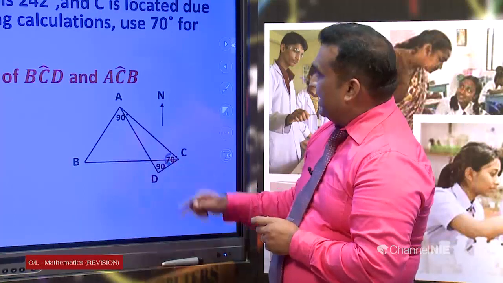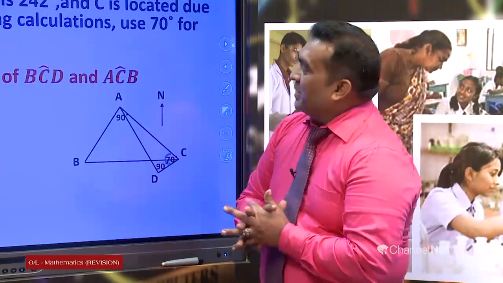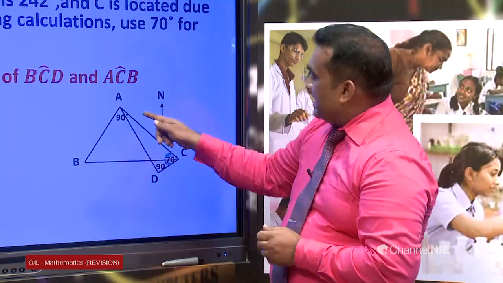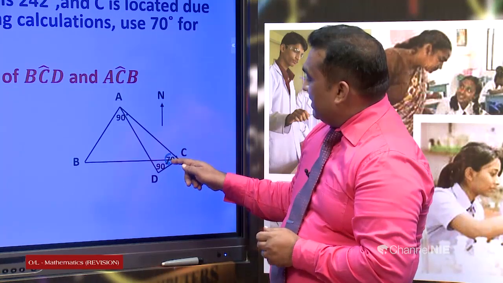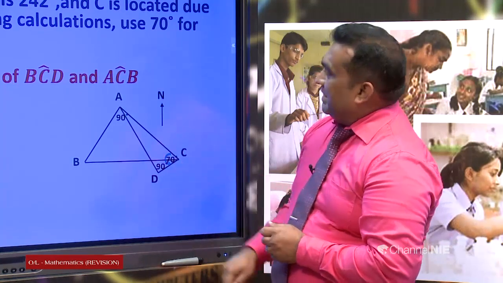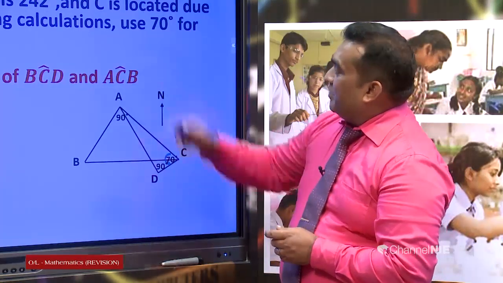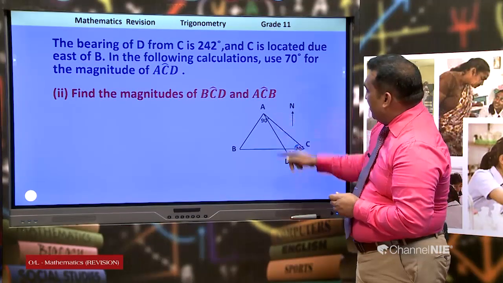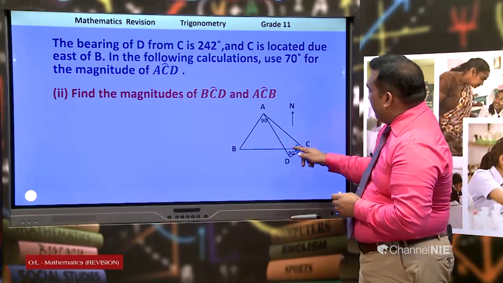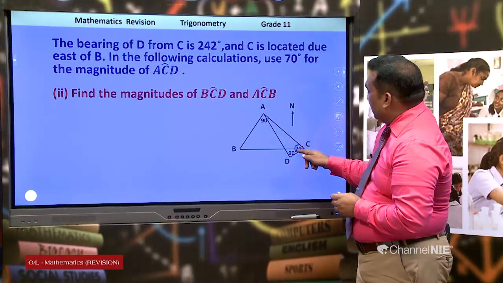And C due east to B. We want to find out the value of BCD. BCD means this small angle.